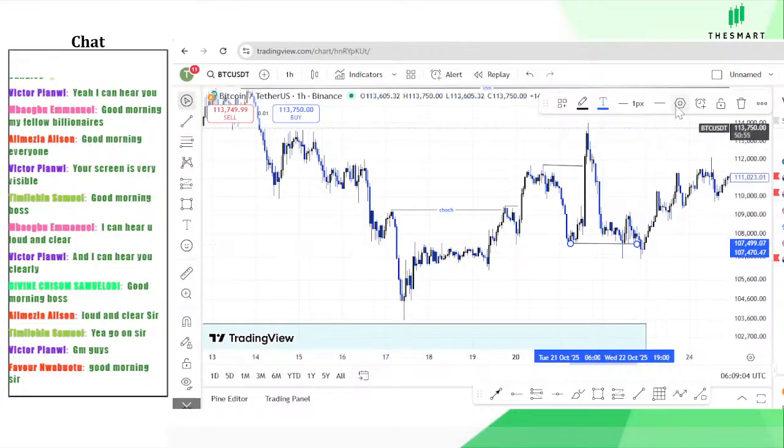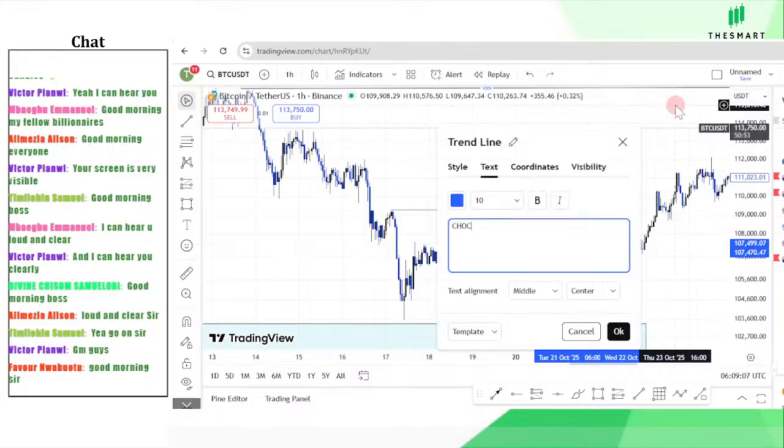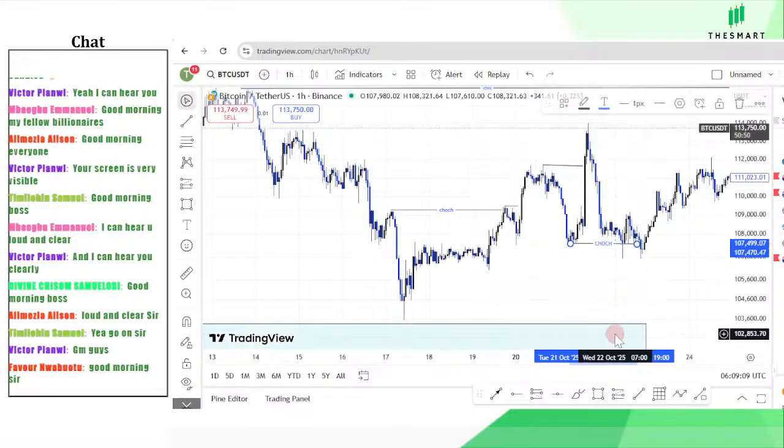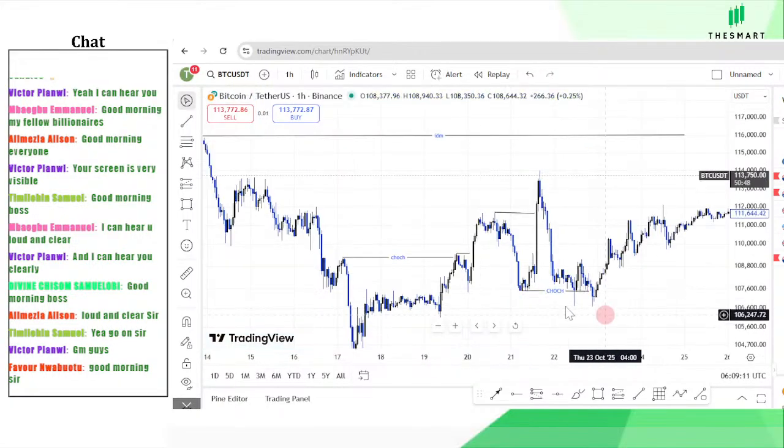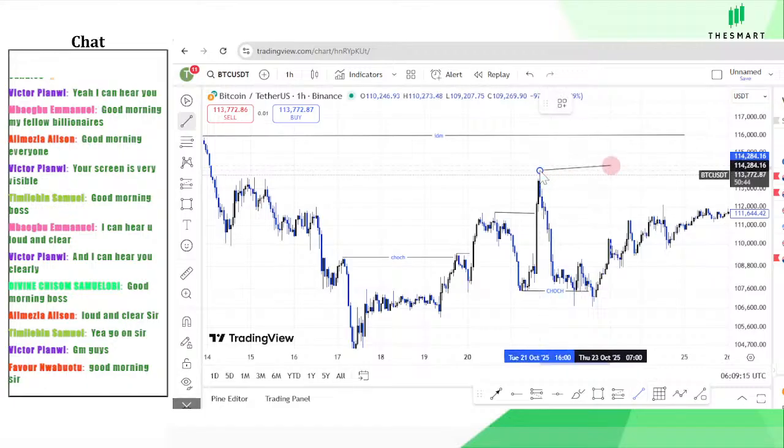We had this change of character at this level here. Let's just look at this external high here.